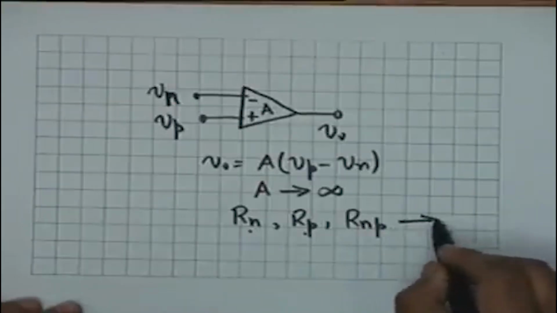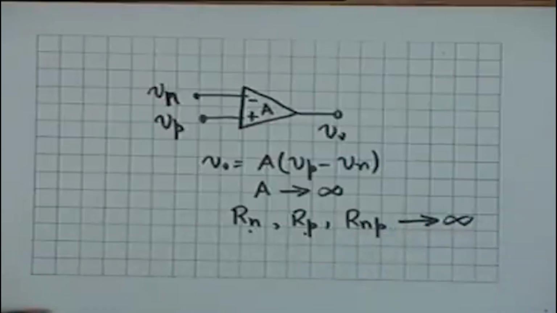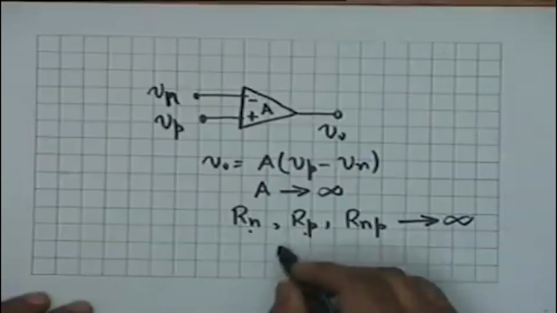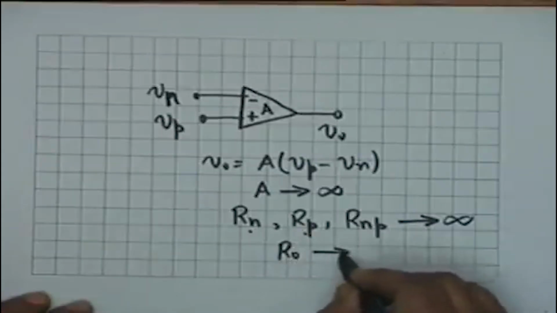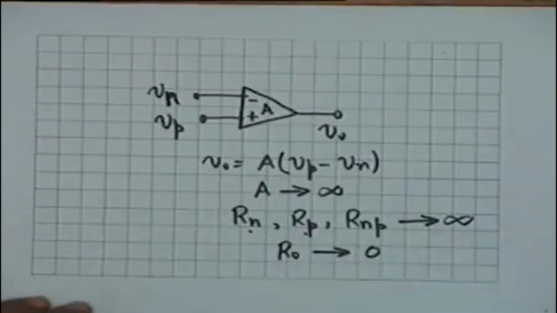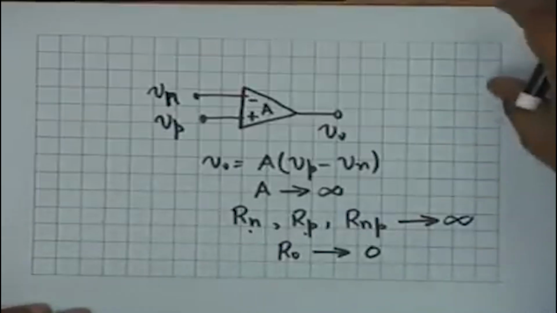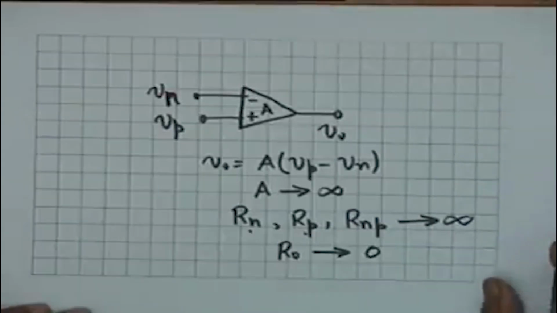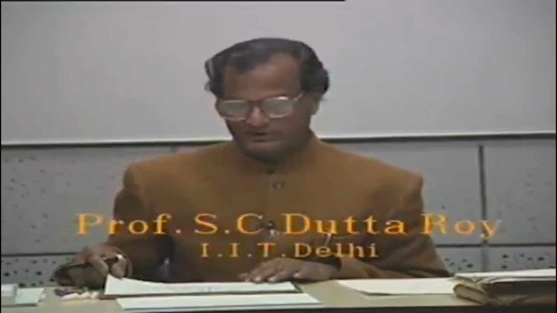All of them tend to infinity. Input resistance is infinite, so that the op-amp does not take any current at its input, and the output resistance tends to 0. This is the situation for an ideal op-amp.